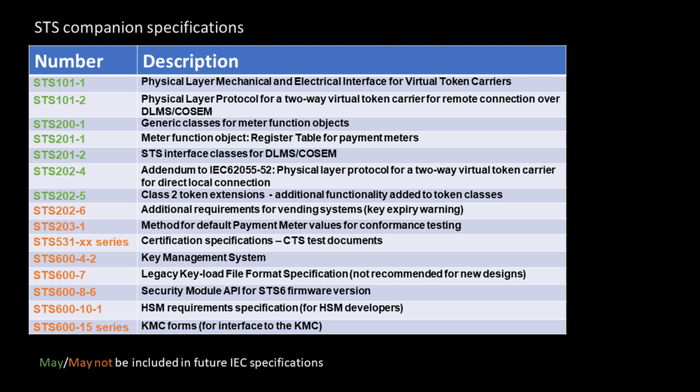What this means is it probably will be added to 62055-52 pretty soon. And then you get Class 2 token extensions. This one was a direct result of a request by members to add functionality to the token classes.